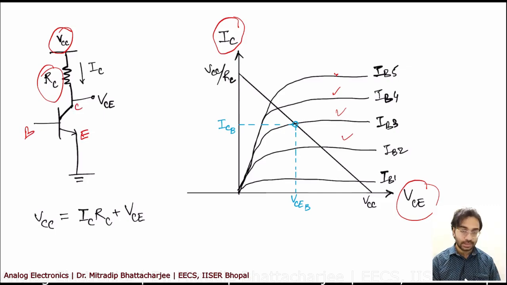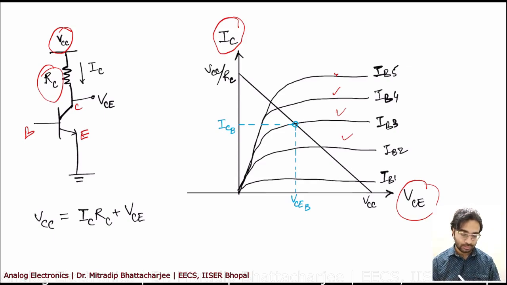So this is emitter, base and collector, and IC is flowing from the collector side to the emitter. Now if you just do a KVL of this particular circuit, this is common emitter configuration.